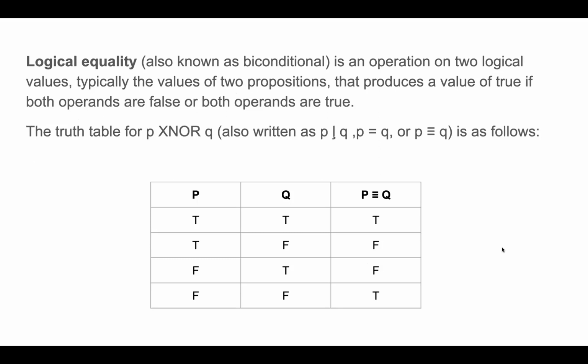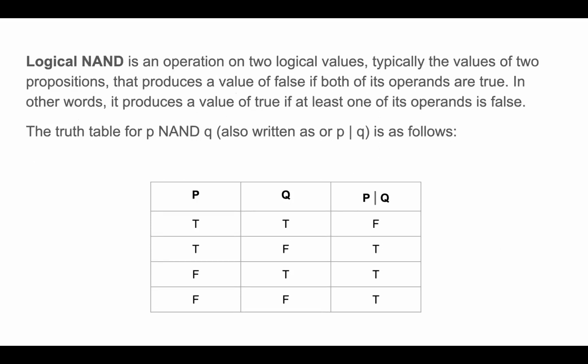Then we have seen the logical equality already. The logical NAND operation is there. What is this NAND operation? NAND means NOT AND, the opposite of the AND operation. In the AND operation, if P is true and Q is true, then P and Q is true.